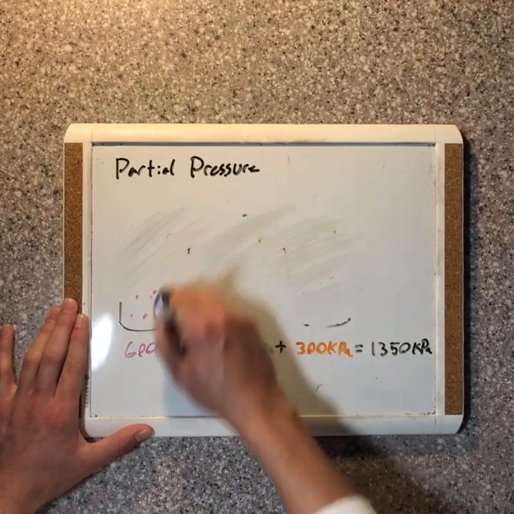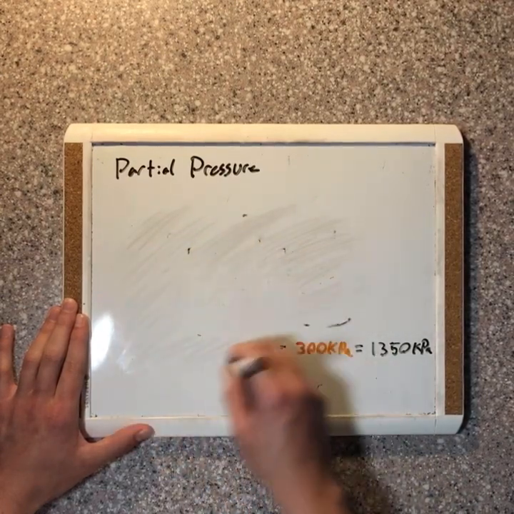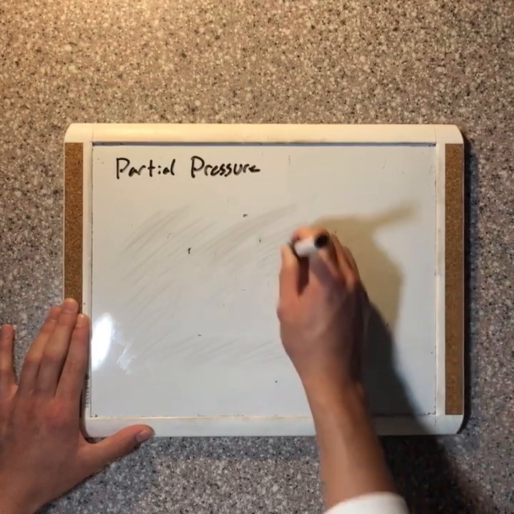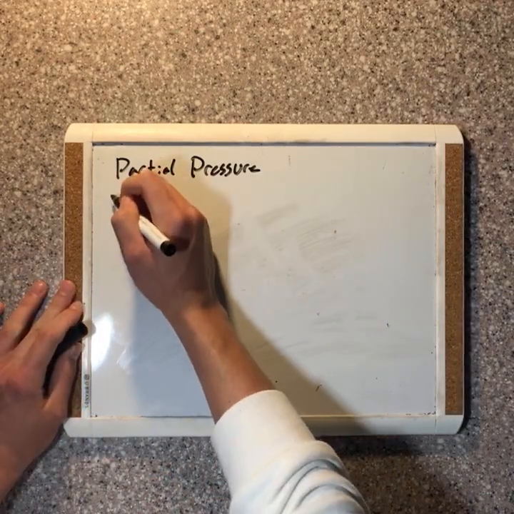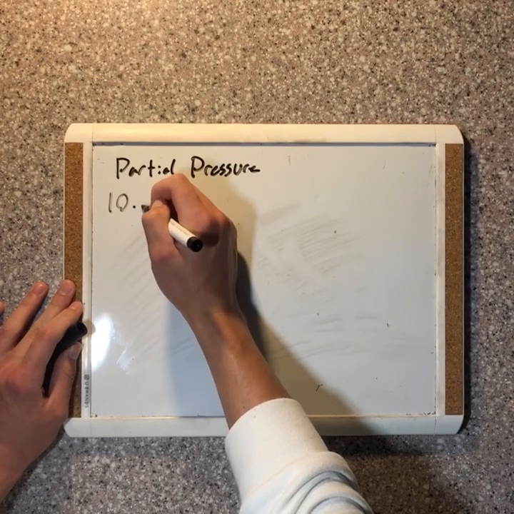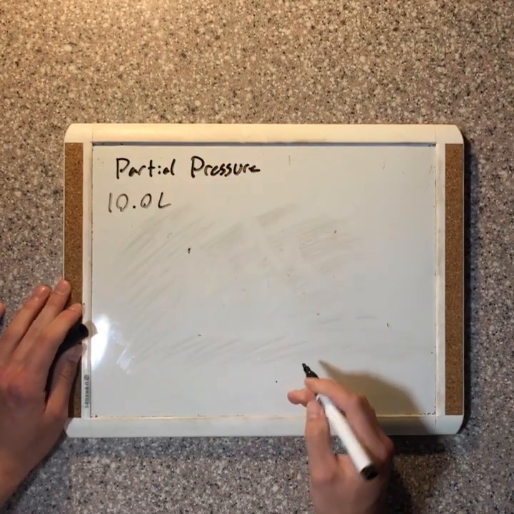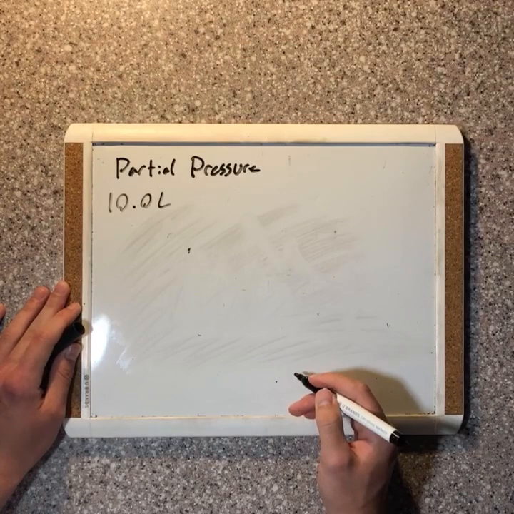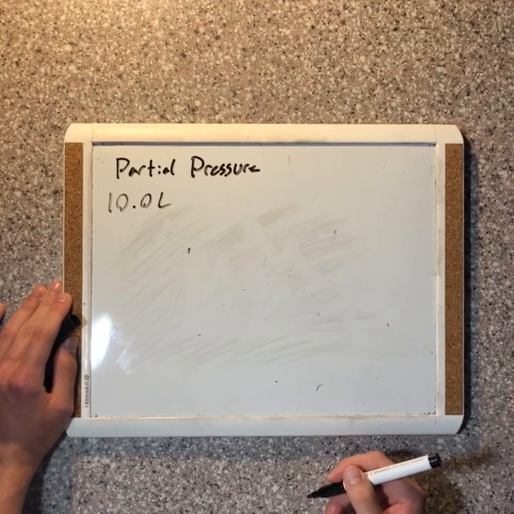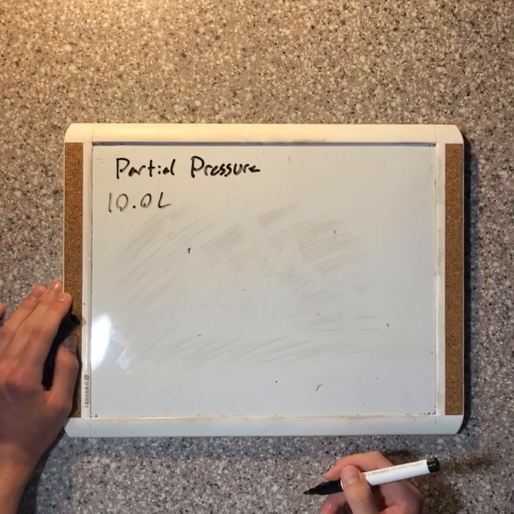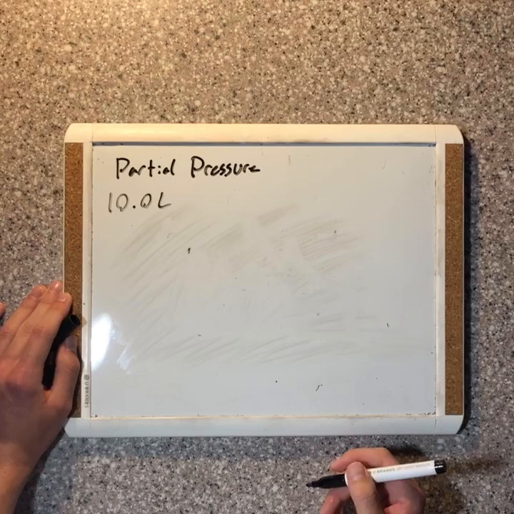All right, in this problem, we're going to be looking at how the molar makeup of a gas is going to affect the pressure. So the problem here is that a 10-liter vessel, we have 10.0 liters, contains 2.5 times 10 to the negative 3 moles of hydrogen, 1 times 10 to the negative 3 moles of helium, and 3 times 10 to the negative 4 moles of neon at 35 degrees Celsius.